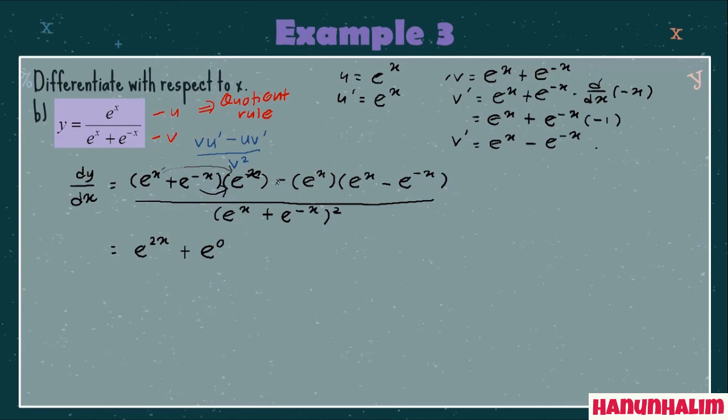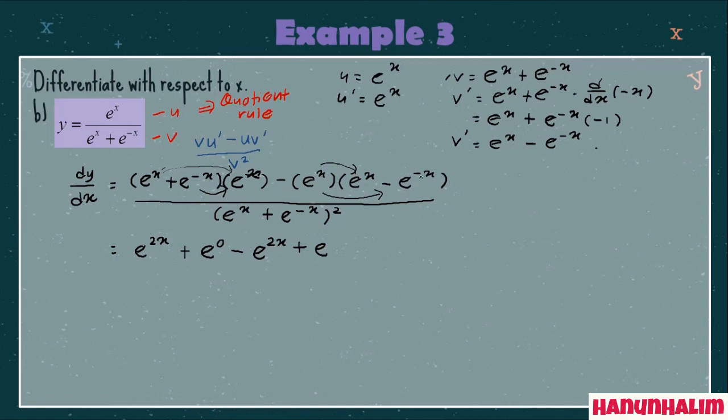Okay, next e^x darab dengan e^x, so negatif positif minus e to the power of x darab dengan e to the power of x, dia akan jadi e^(x tambah x), 2x. Lepas tu negatif e^x darab dengan negatif e kuasa negatif x, negatif negatif plus e darab e, so e^x, bila e kuasa x darab dengan e kuasa negatif x, power kita tambah.